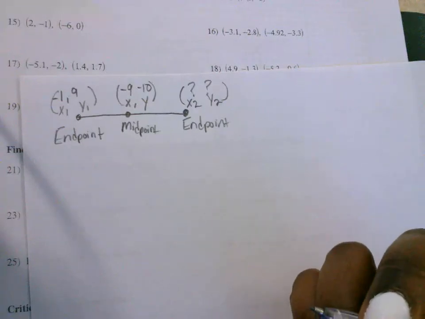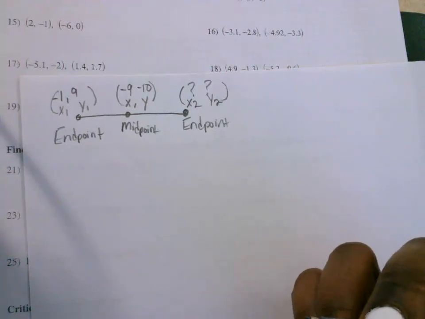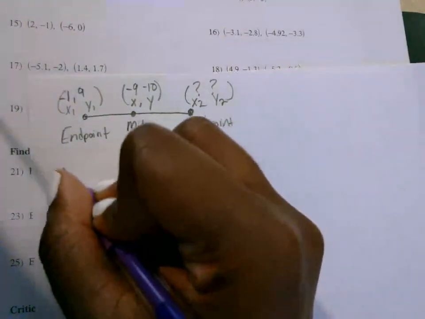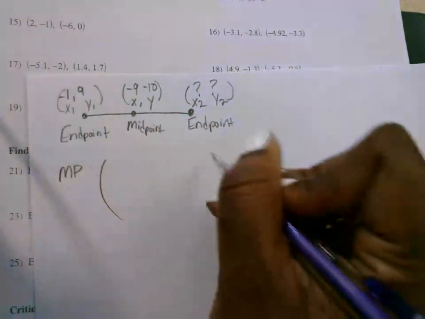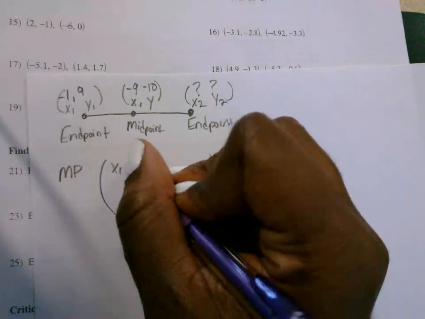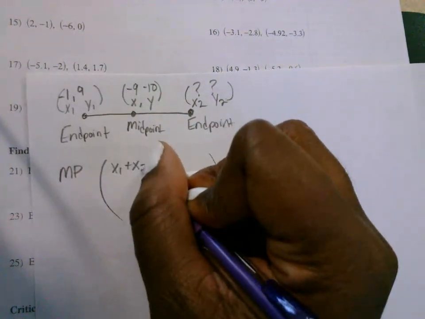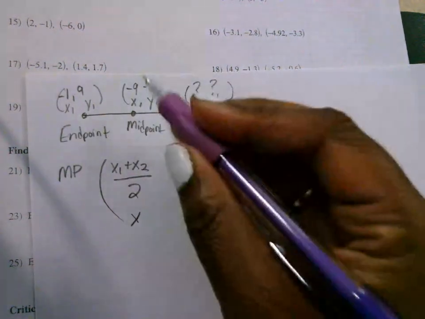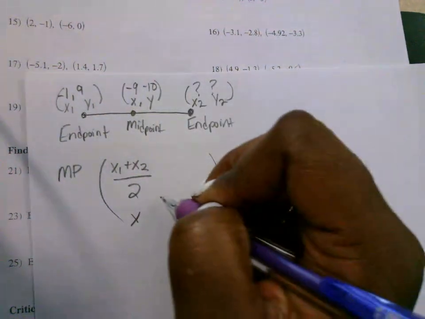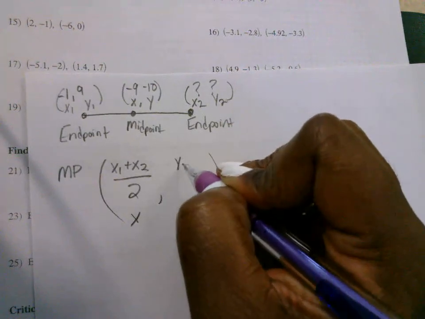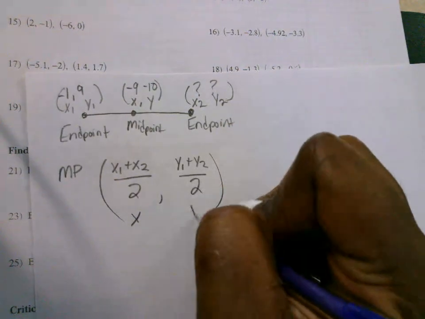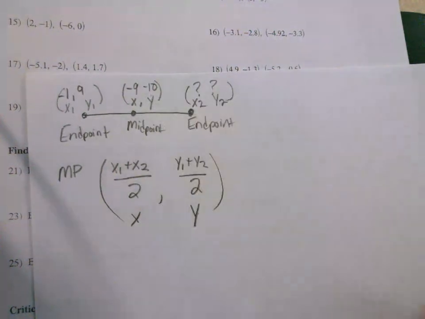We're going to use the midpoint formula to find the endpoint that's missing. Midpoint formula is where you add the two x's together and divide by 2 to find the x coordinate for the midpoint. And then you're going to add the y's together and divide by 2 to find the y coordinate of the midpoint.